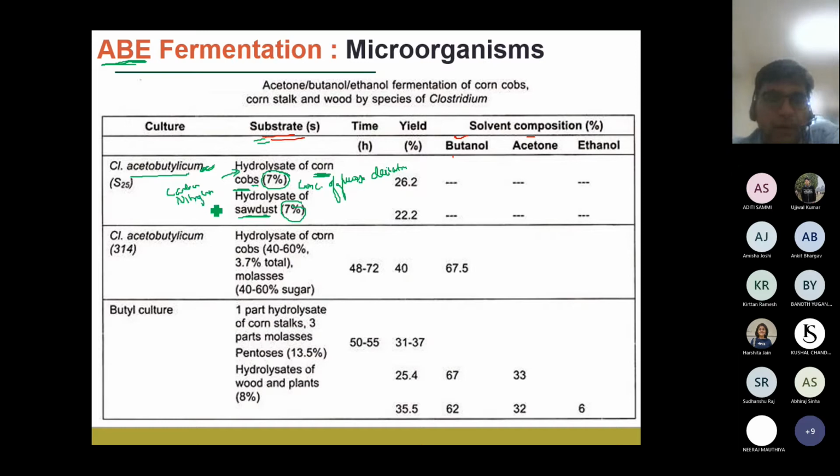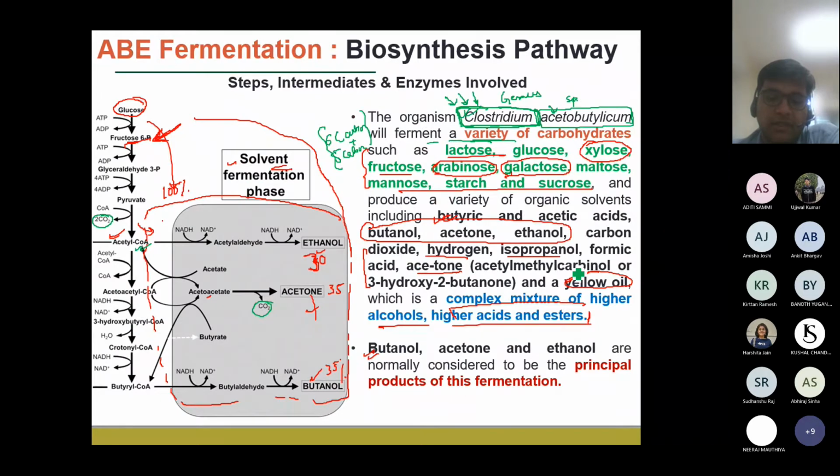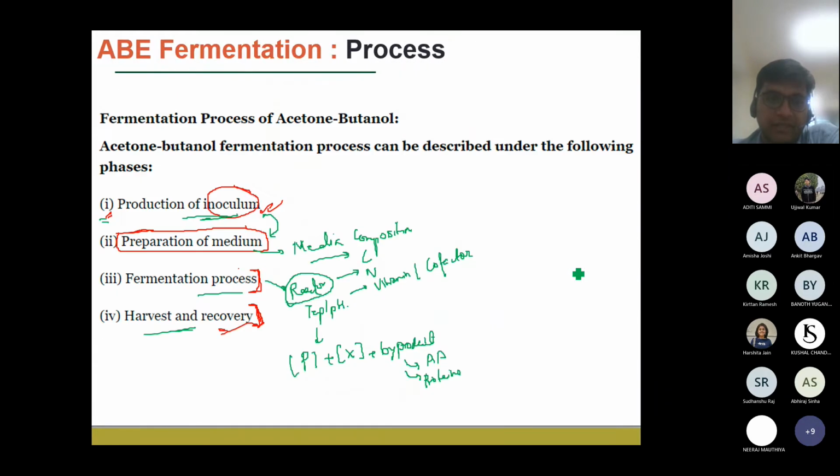So the 7% represents the concentration of the carbon, because whatever carbon you put in the input is going to convert into your final products, maybe ethanol, acetone, or the acetic acid or the butyric acid.